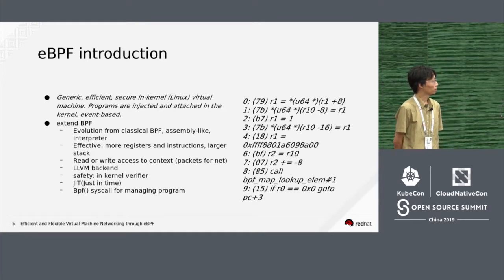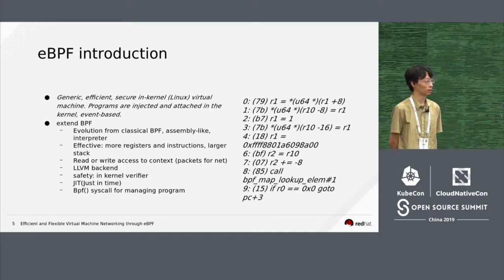cBPF can only filter packets, but eBPF can do the same while abstracting it into a context. For both reading and writing in this environment, basically we are reading and writing the context. If we only consider networking, basically we are reading and writing on the packet.